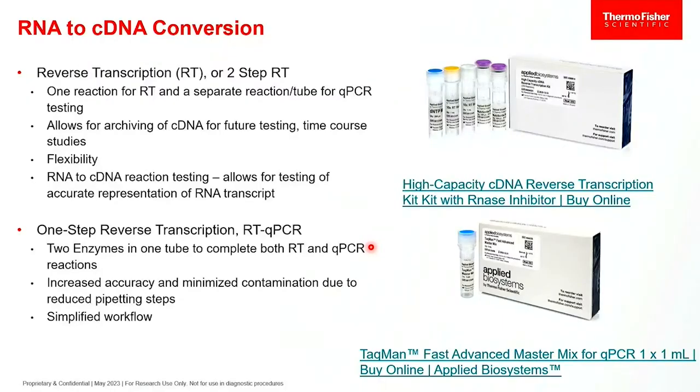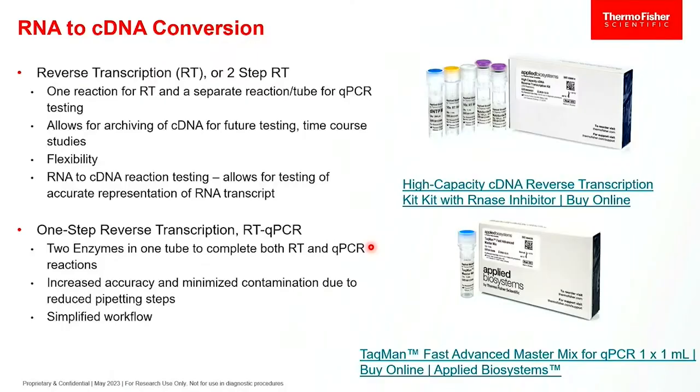That's 2 steps, right? RT, qPCR. The other option is to do them together, RT-qPCR. And what that means is that we have a master mix that has both of those enzymes, the enzyme that can do the reverse transcription and the enzyme that can do the cycling amplification process in the same tube. Okay?